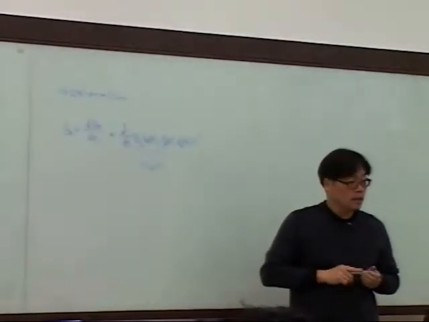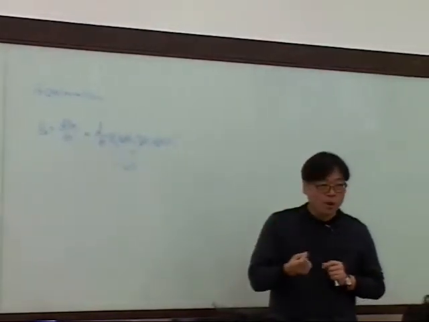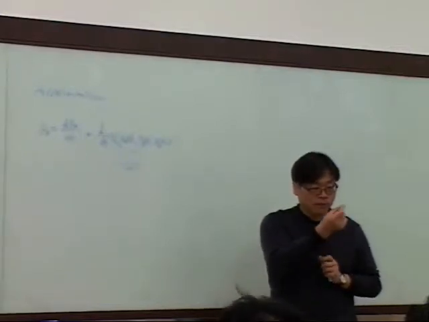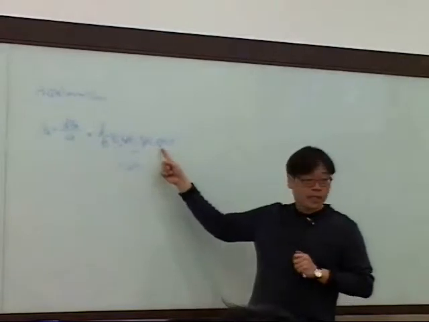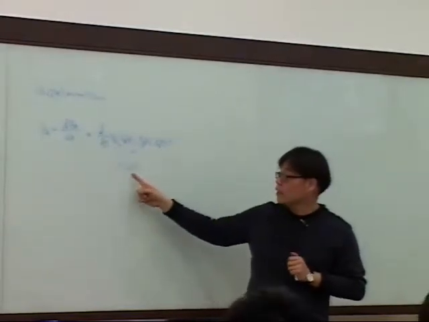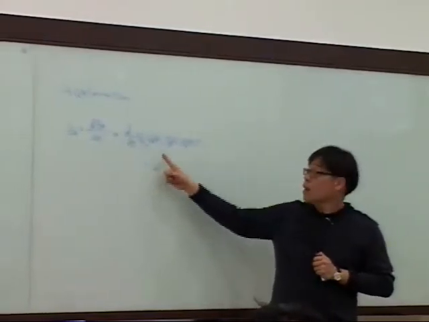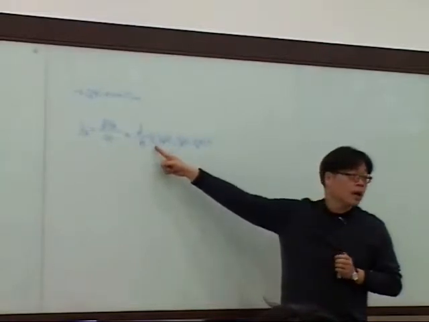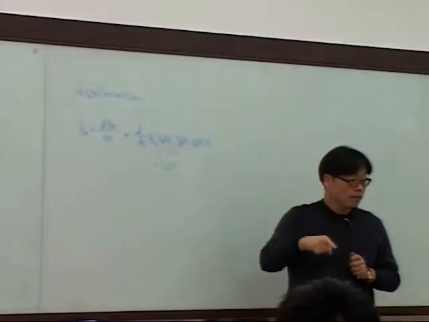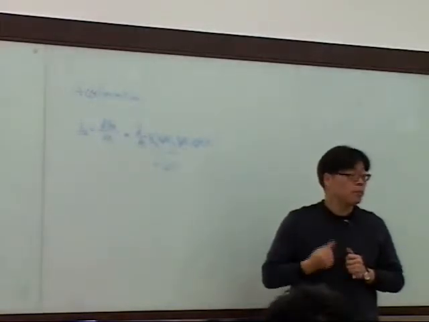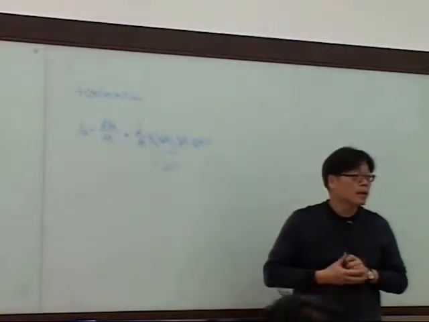So suppose I know where the fluid particle is moving, x, y, z, and then I can find Lagrangian velocity by evaluating the Eulerian velocity at the positions of fluid particle A. Make sense?